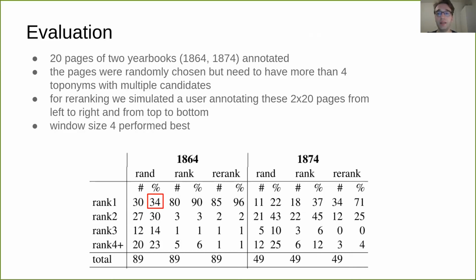Then ranking places 90% on the first place, and re-ranking improves that to 96%. In the yearbook of 1874, we see some lower numbers, but still an improvement in each setting, so there is some variability between yearbooks.